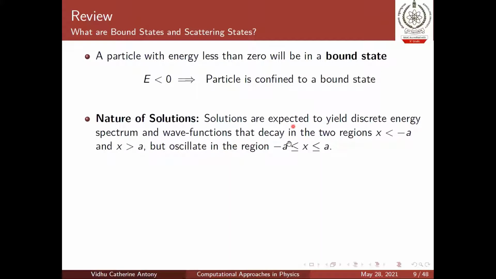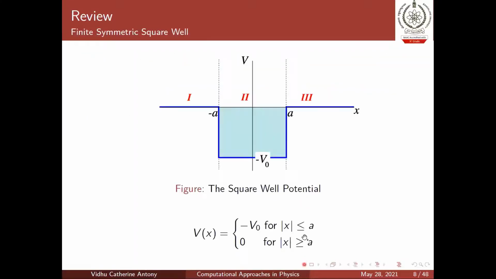The wave functions will decay in the regions where x is less than minus a and x is greater than a, but they oscillate inside the potential well. So here it would be oscillatory if you have a bound state, and here you would have decaying exponentials. Here too, you would have decaying exponentials.